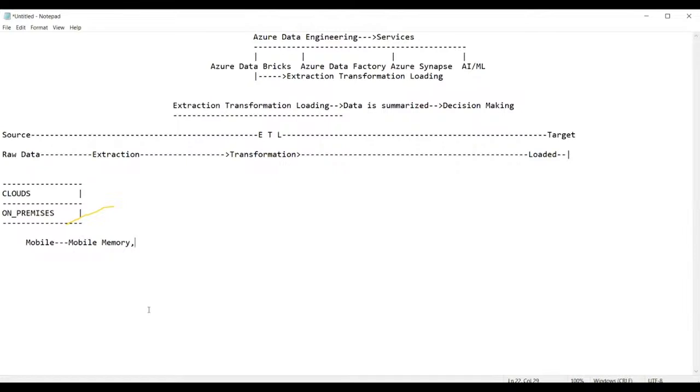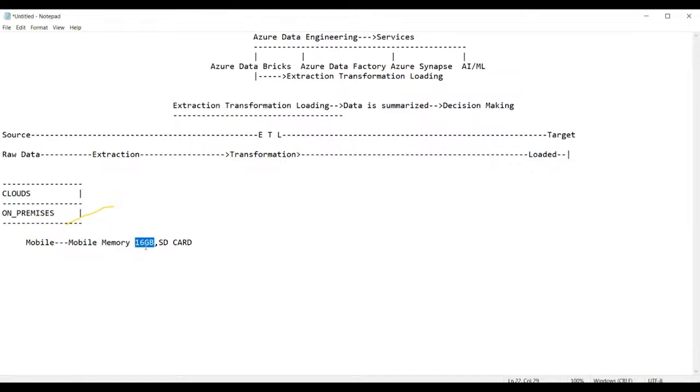Apart from the mobile memory, guys, you will also have a memory called SD card memory. What do you mean by SD card memory, guys? SD card memory is nothing but SanDisk card memory. Suppose every mobile you get comes with 16 GB of internal storage. That means this 16 GB is the default memory.